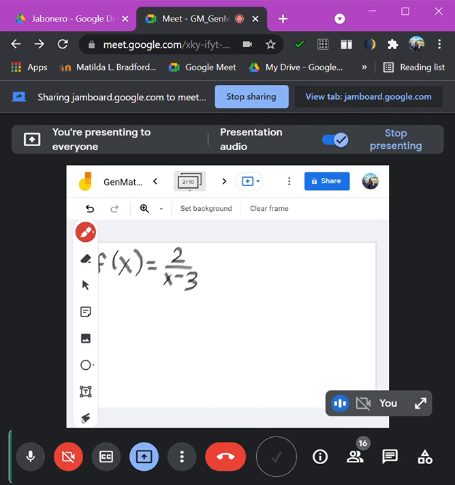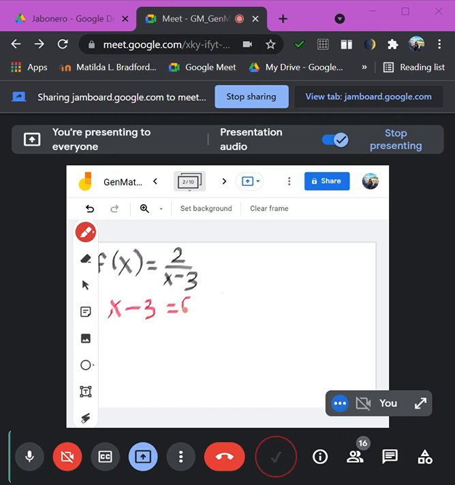Now class, how do we get the domain? First we get the domain. To get the domain, we look at our denominator, which is x minus 3. We equate this to 0: x minus 3 is equals to 0.